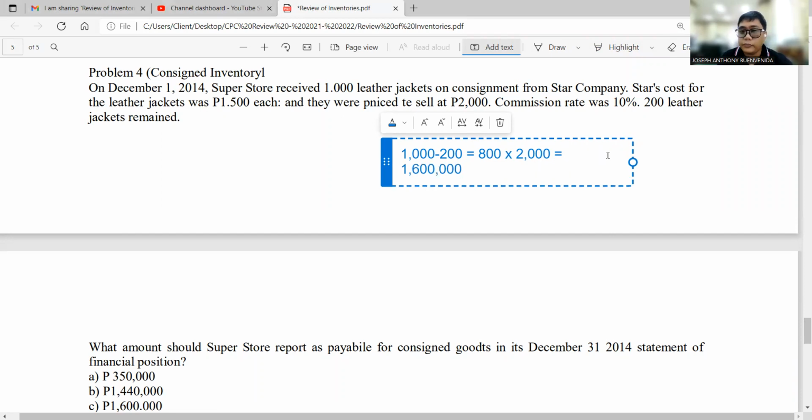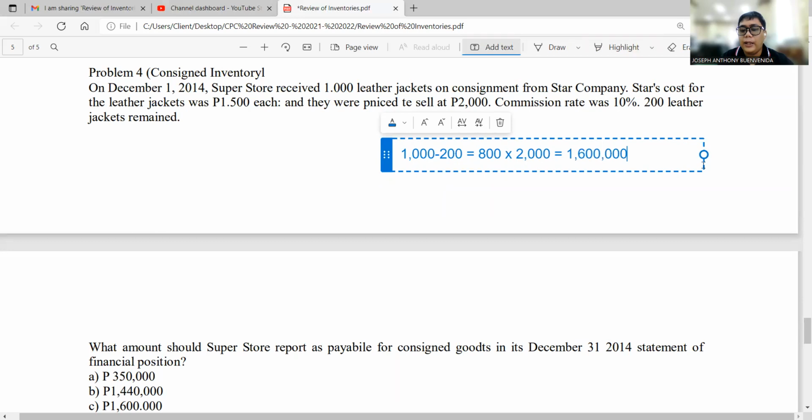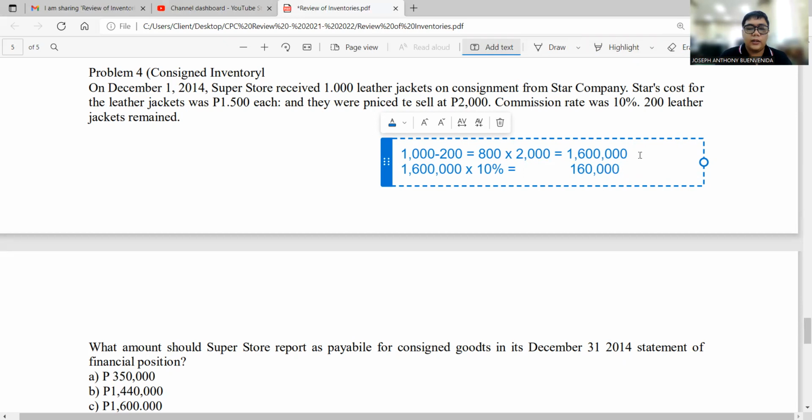Okay, so hambal ni consignor, in every time na makabaligya kita, okay, we are going to receive 10% commission on sold goods, no? Okay? So kinahanglan naton kuhaon ang aton nga commission nga 10%, which is 160,000. So i-less naton ina siya sa aton nga payable kay consignor.